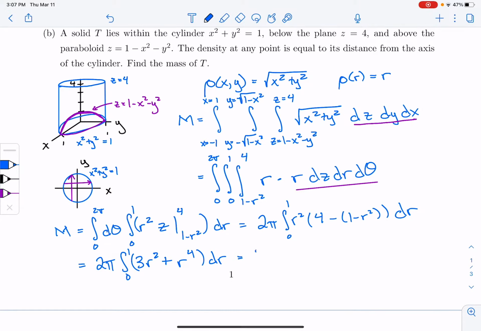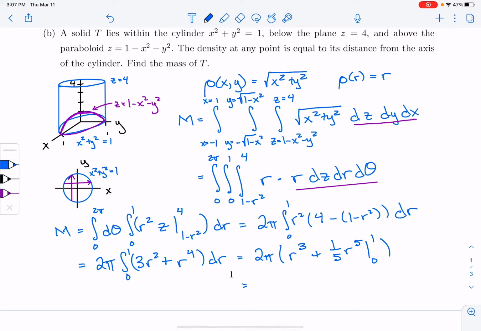So this becomes 2 pi times the antiderivative: 3r squared is r cubed, and then plus 1/5 r to the 5th. I'm going to evaluate that between 0 and 1. So I'm going to get 2 pi times 1 plus 1/5.